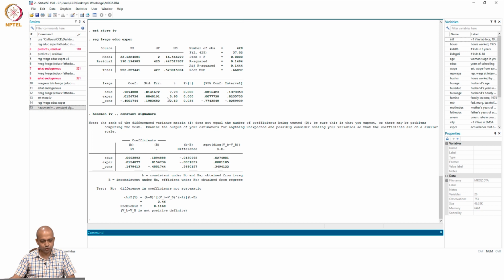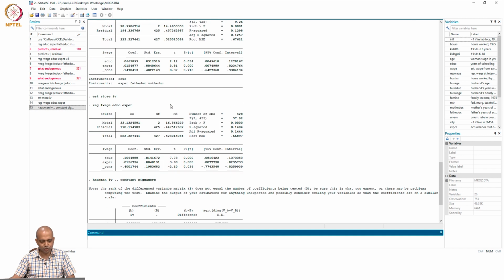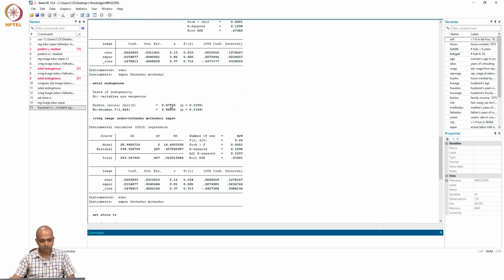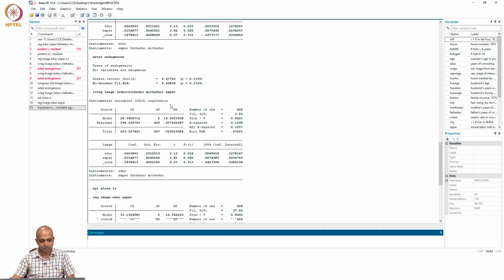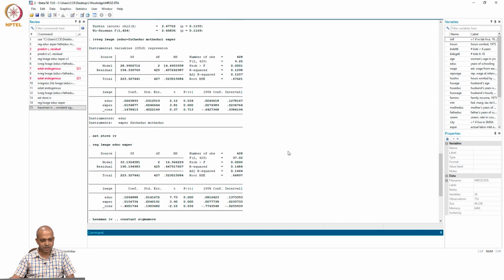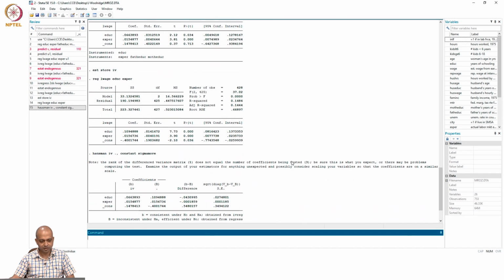So, chi-square is 2.46. This is the F test, this is 2.47. So, almost the same value we are getting. This is a chi-square test statistic, and the same thing stata is reporting here in this chi-square, alright.